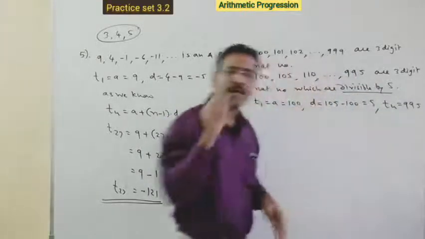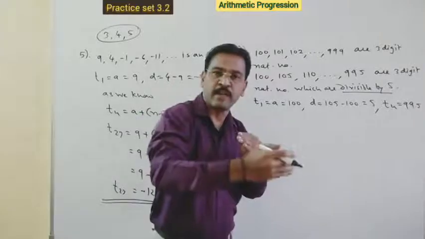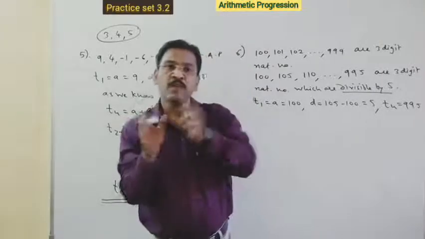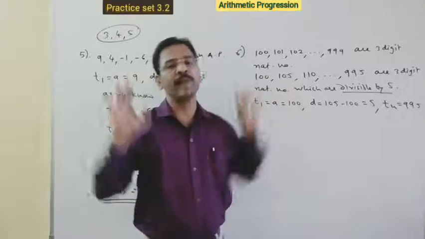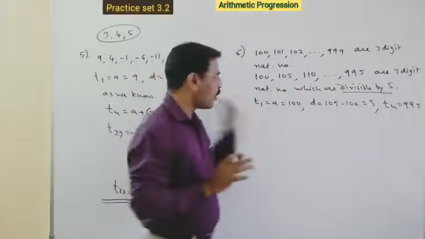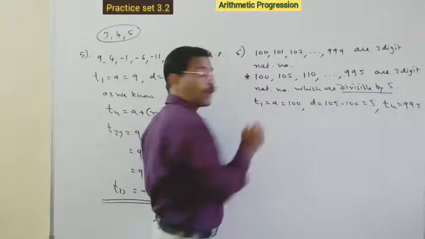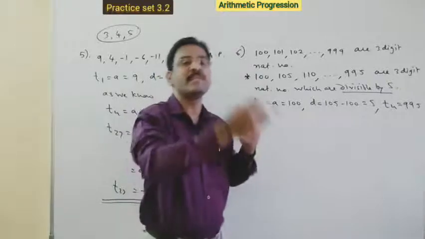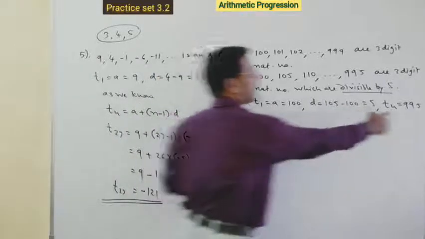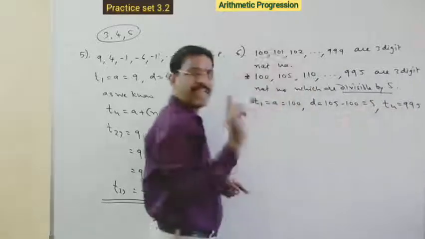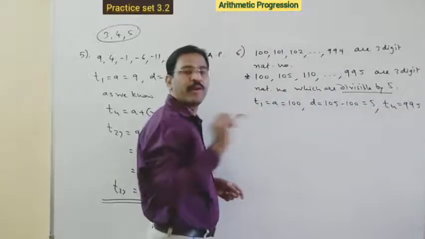Whenever numbers are multiples of something or differ by that, they are in arithmetic progression. So we are going to find how many terms are there in this particular arithmetic progression. We'll take 995 as Tn, the last term.